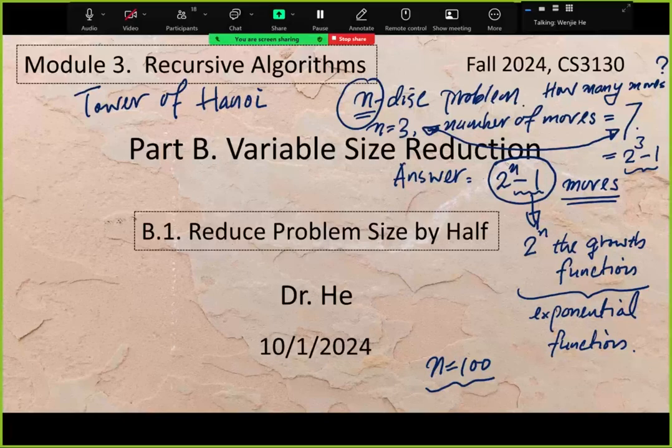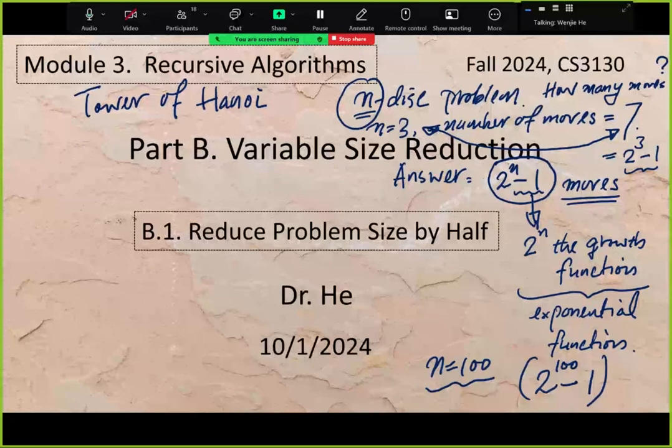When you have 100 disks, in order to solve that 100-disk Tower of Hanoi problem, you need to make 2 to the 100 minus 1 moves. Do you know how large this number is? Huge number, right? But how huge is it? Here I'll give you a simple example.